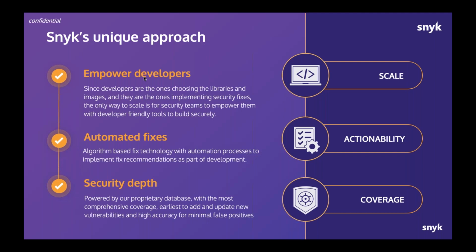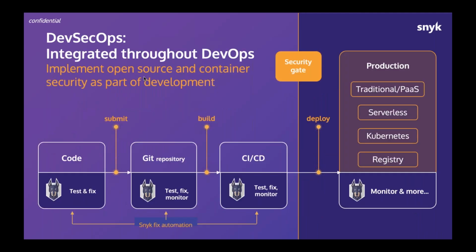And at the end of the day, you're as good as your security. So if we look at empowering developers, just to take a deeper dive into the SDLC and put names to those: code. As developers are coding in their IDE, in their CLI, they have direct feedback on what open source they're using that has vulnerabilities, or on their container images.